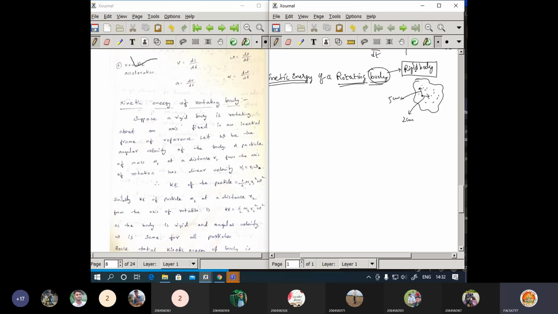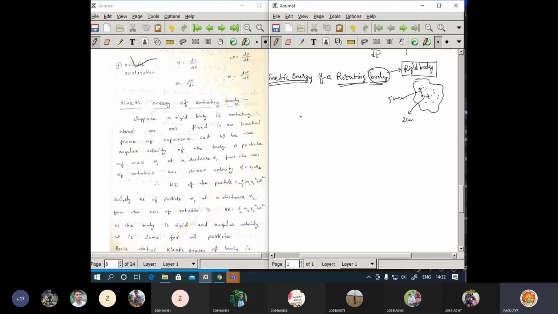If there is no deformation, ideally we consider it as a rigid body, even though forces are acting and it is moving. So that is the thing we are going to see here. We are considering the rigid body under rotation, and thereafter we will see the expression for the kinetic energy.